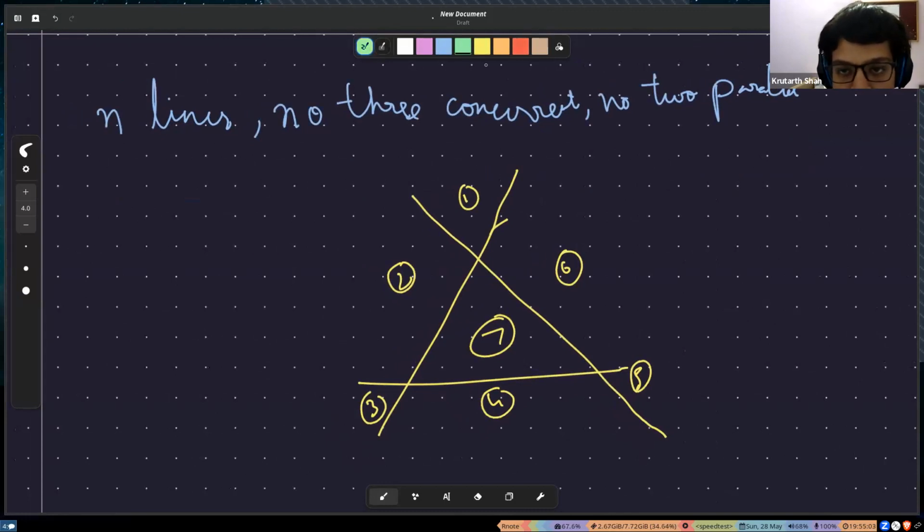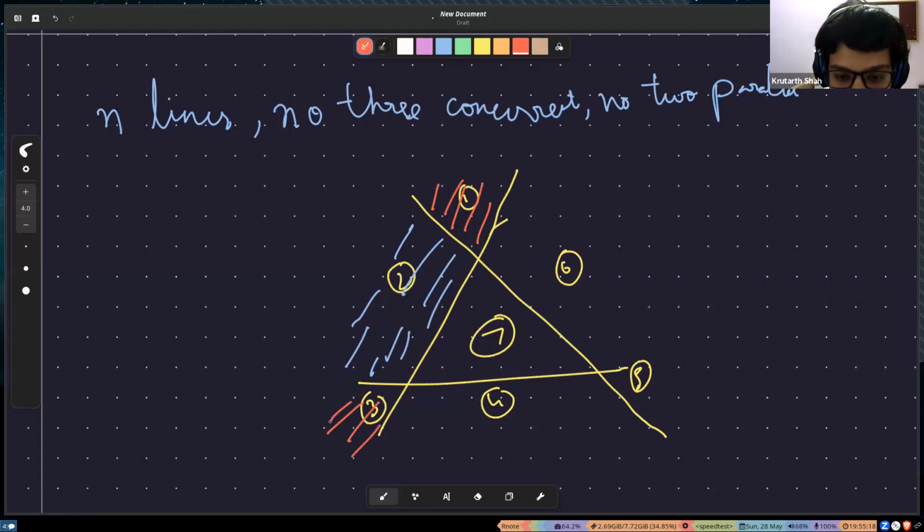Show that you can color these regions red and blue such that the adjacent ones have different colors.